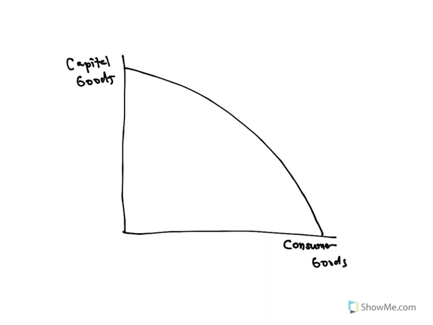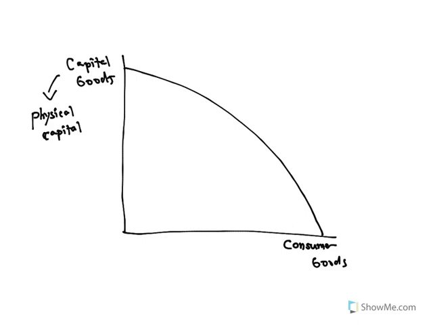So immediate use. Capital goods are another way of saying physical capital, which we've already talked about in the resources video. Remember, these are goods that are used to produce other goods and services, right? They're man-made tools. And so this is the classic trade-off in economics: capital goods or consumer goods.